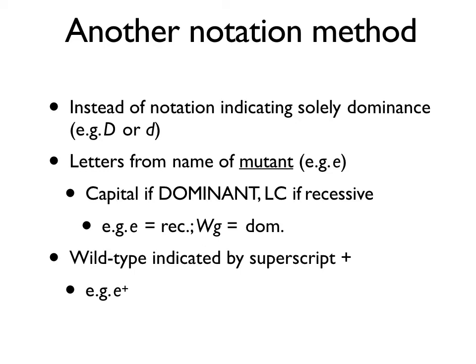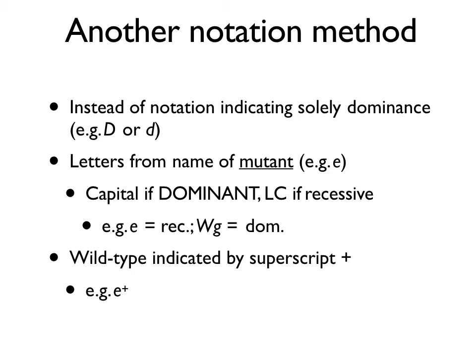Okay, so there's another example down here, WG, where that might illustrate a dominant allele for a particular phenotype. And this is a phenotype whether the fruit flies have wings or not. The WG is the dominant form. They would have wings, but the lowercase wg means they are wingless.